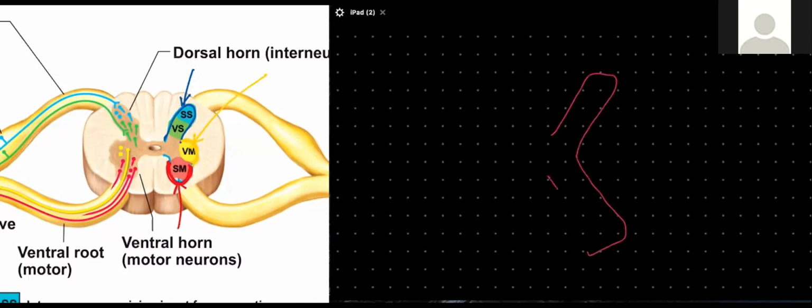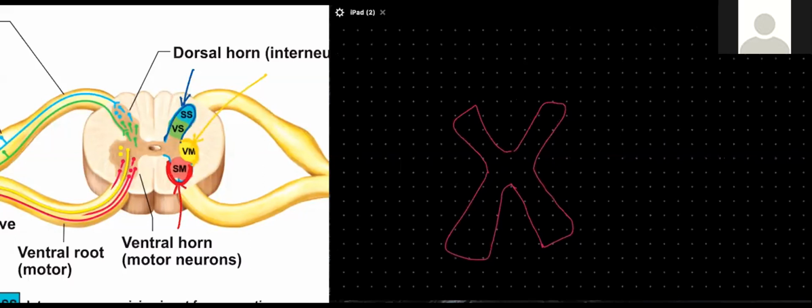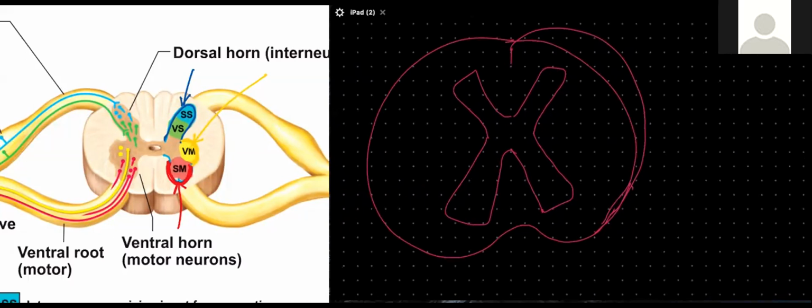What is forming the gray matter in your central nervous system? Cell bodies and unmyelinated nerve fibers.